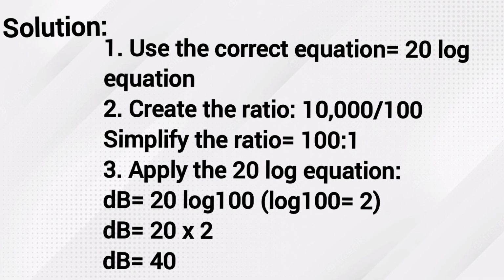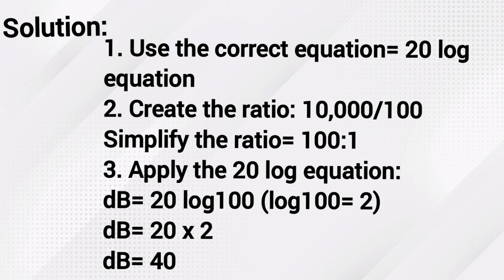You create a ratio. First, you also need to identify that they are in the same units. Since they are in pascals in both cases, always place the starting value on the bottom. In this case, 10,000 will be divided by 100. To simplify the ratio, it will be 100 to 1.